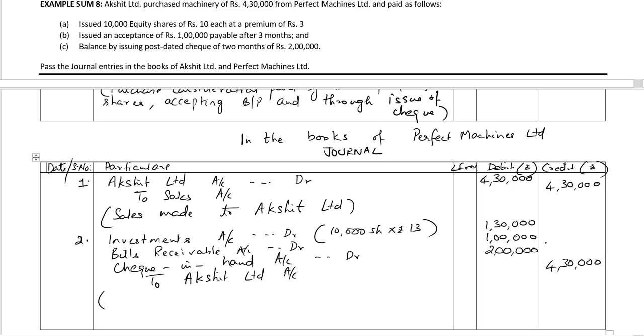Narration: amount received against sales made to Akshit Limited. So these are the journal entries in the books of Perfect Machines Limited.